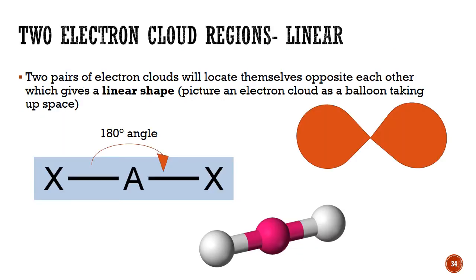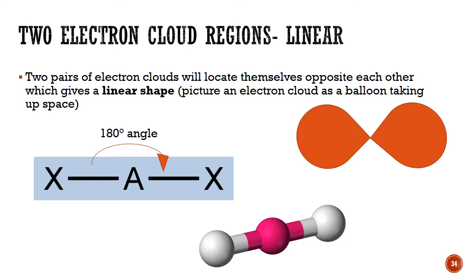All right, so if there are two electron cloud regions, in order to get as far away from each other as possible, they are going to line up in a linear shape. If you can picture electron clouds like a balloon taking up space, and that's sort of my trying to draw it there on the right hand side. If you hold two balloons at the center, they're naturally going to fall apart from each other in a line.